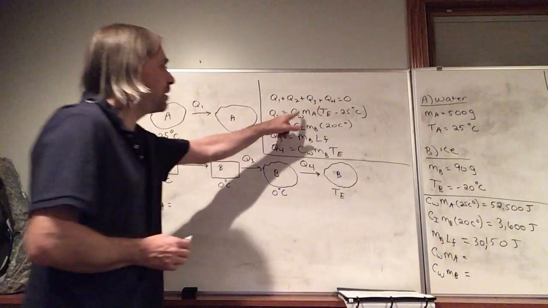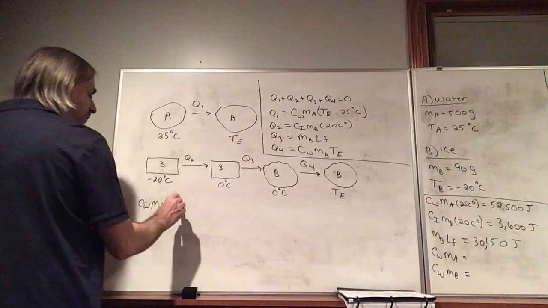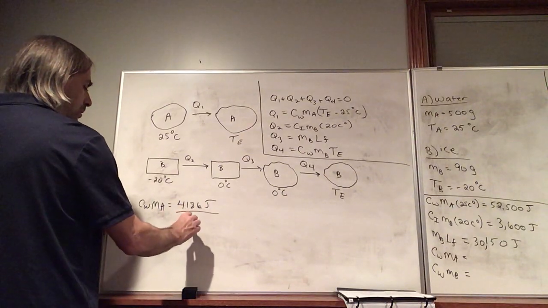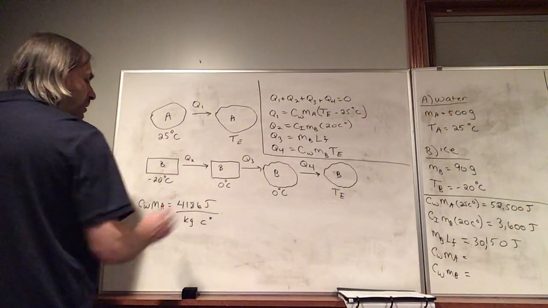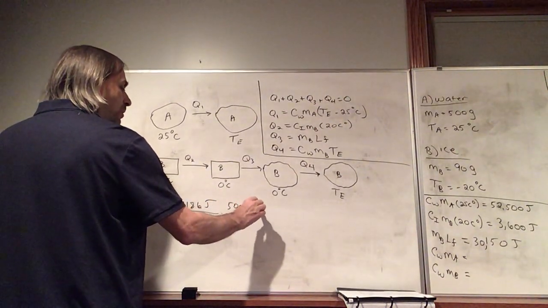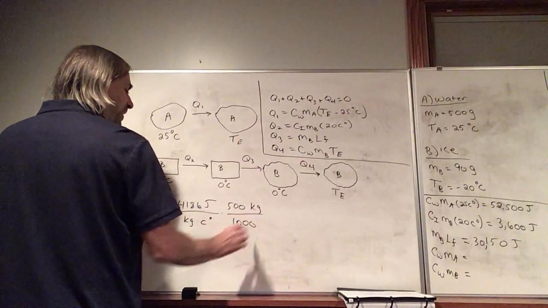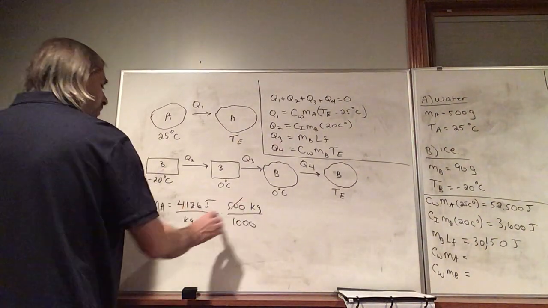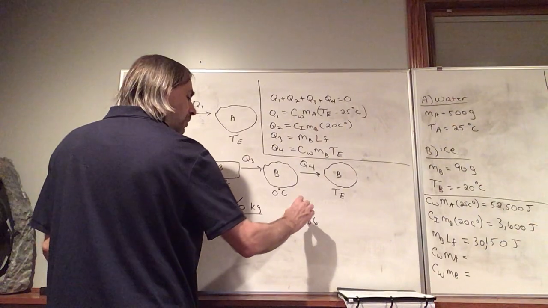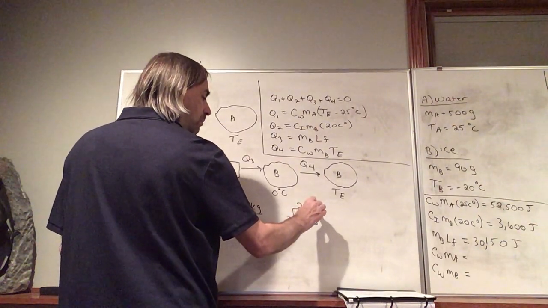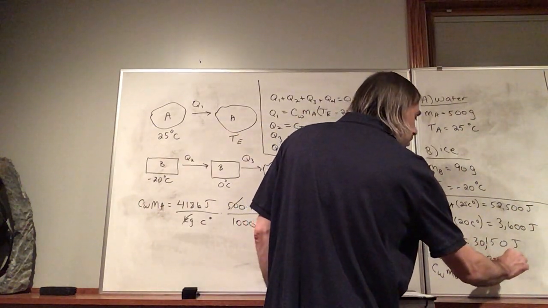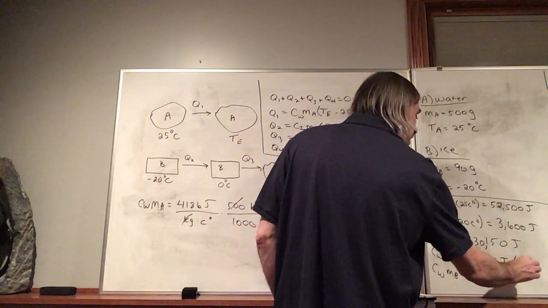So again, both of these are specific heat of water. So we have 4186 joules over kilogram Celsius degrees times 500 grams, so that'd be 500 kilograms over 1,000. So this fraction is going to be 1/2. So let's just do 4186 divided by 2. So it'd be 2,093 joules per Celsius degree.